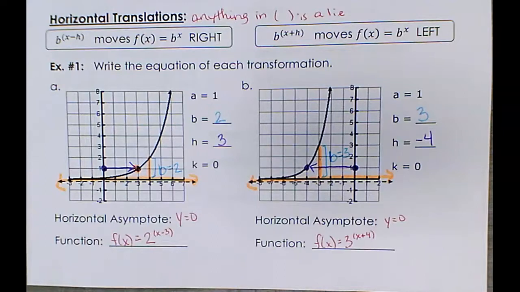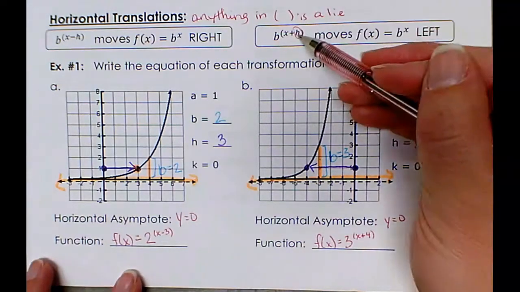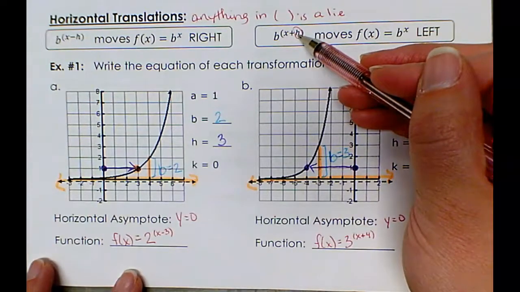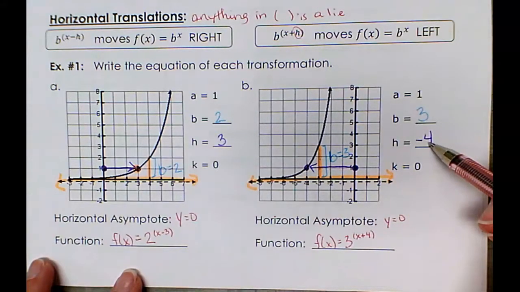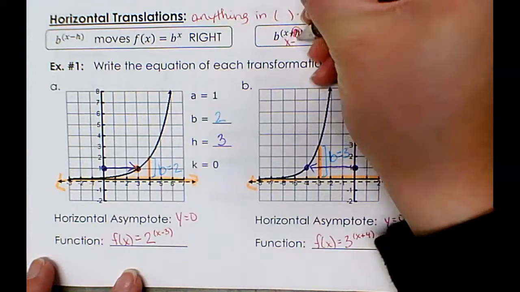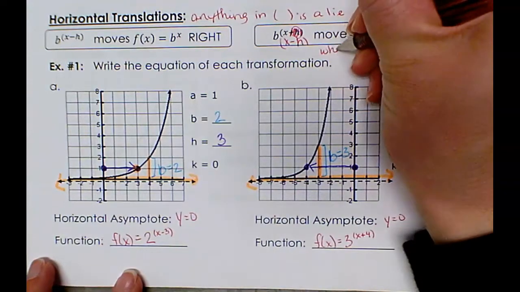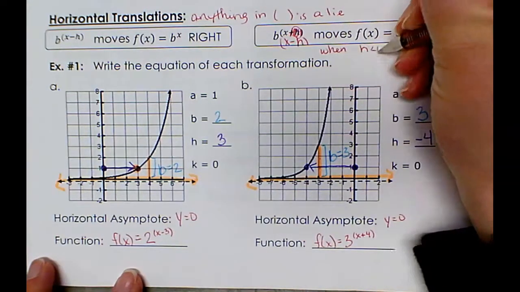And I think this is a little bit of a misleading thing. This is just the number here. The h value is here. And you're always putting in x minus this number. So this really should be x minus h, when h is less than 0.